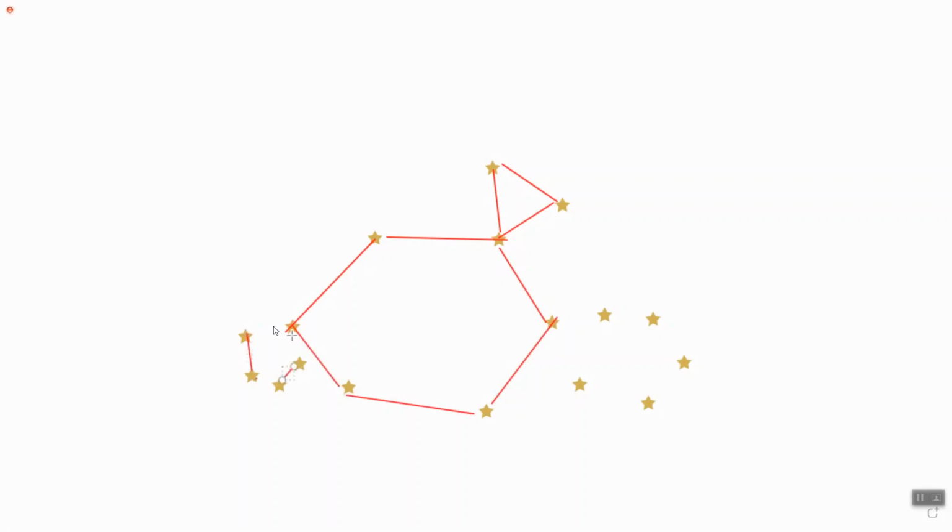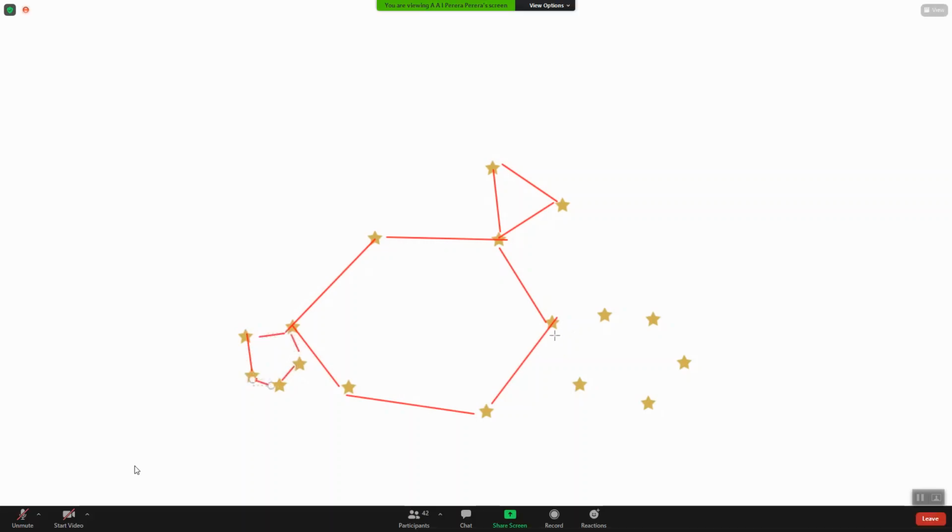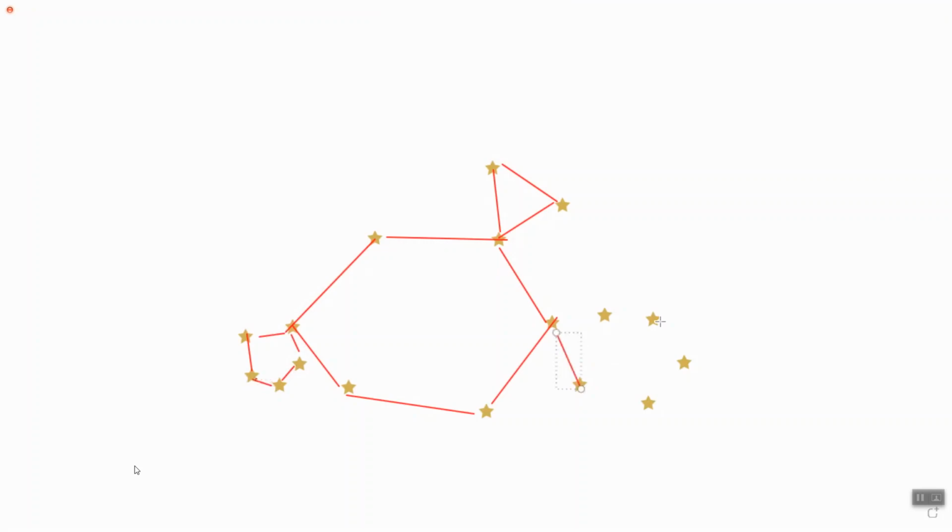Here we use mathematical induction to prove this. Here you can see each vertex has even degree, 2 and 4, maybe even degree 6 if you want.